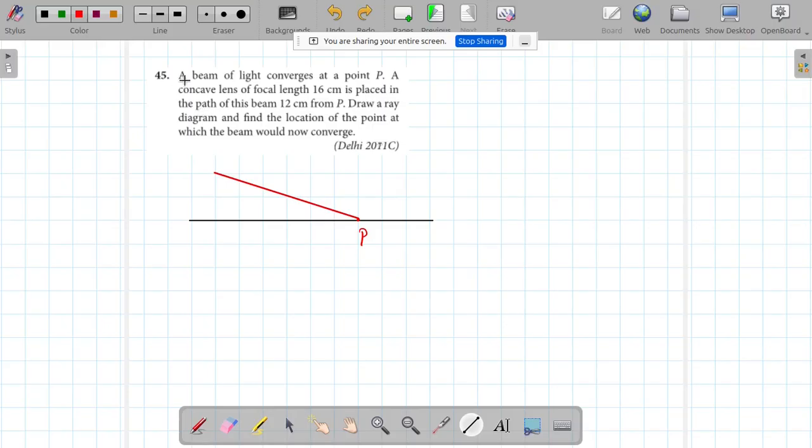Therefore, at this particular point, it is converging.